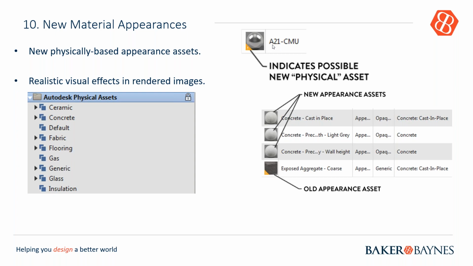If you go to the physical asset menu, you can find the new appearance asset next to the category. And you can distinguish the old assets from the new ones by the exclamation mark that's here.